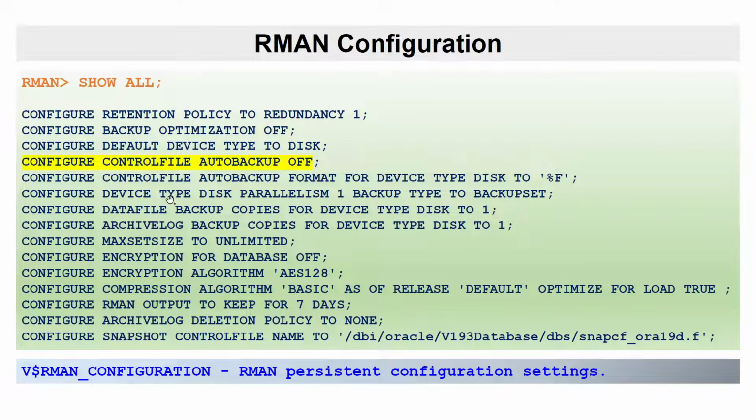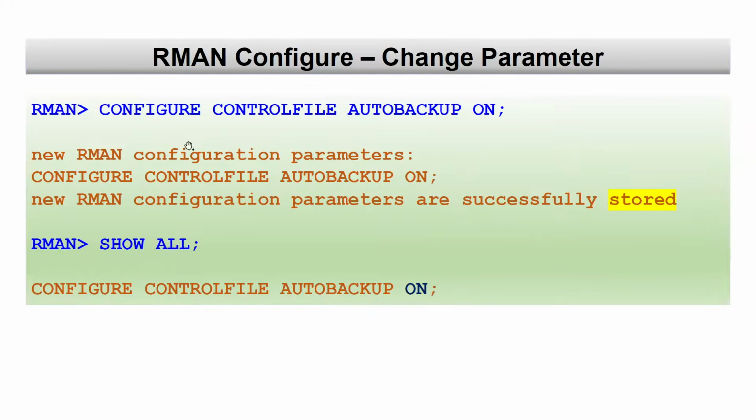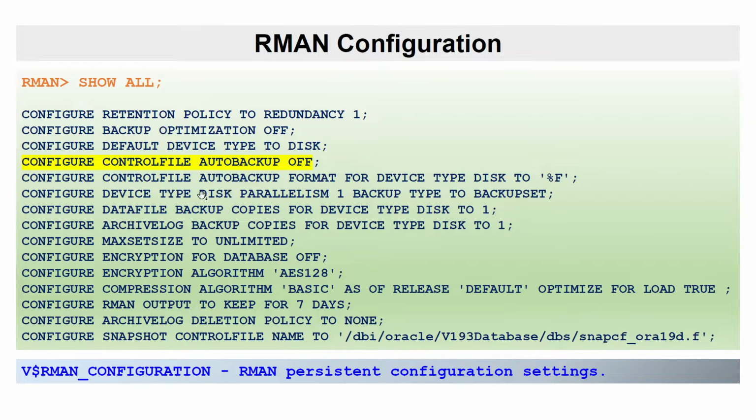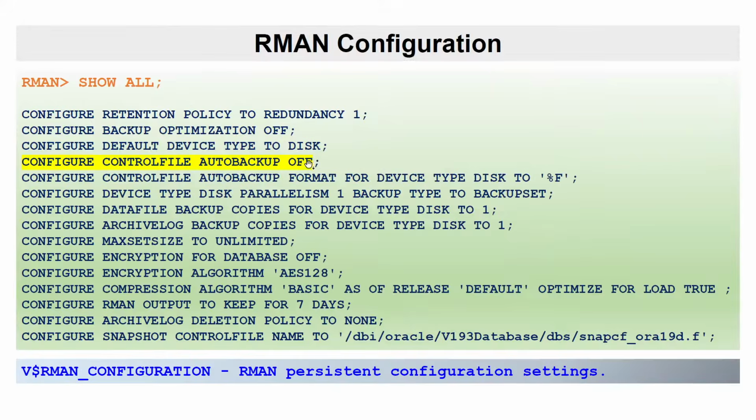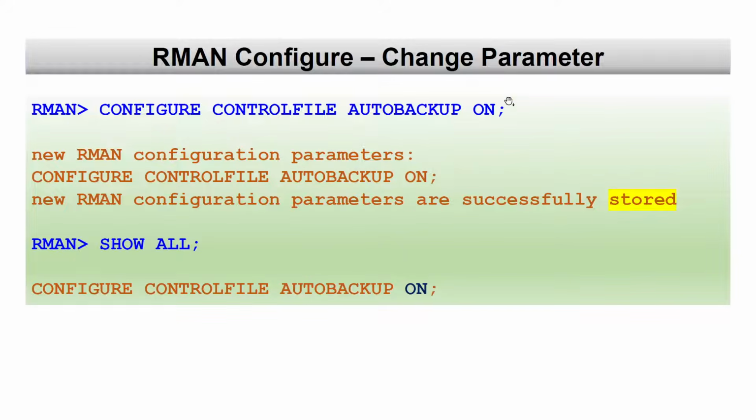Any of these parameters you can change by running the configure command. How do you do that? If you want to change this particular parameter, you can say configure controlfile autobackup on. Currently you can see it is off. Once you change it to on and run show all, it will show that configure controlfile autobackup is set to on, and new RMAN configuration parameters are successfully stored.